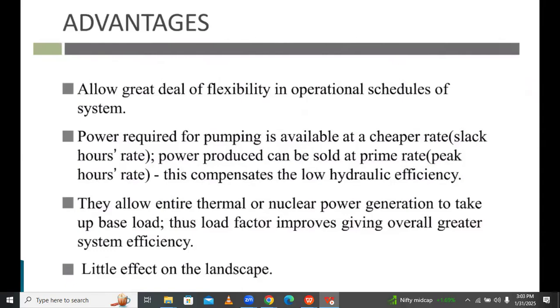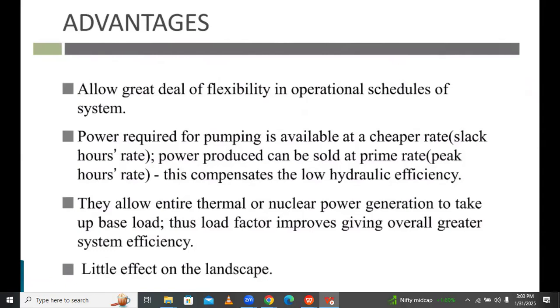This compensates for the low hydraulic efficiency. These are the advantages. Next, they allow entire thermal or nuclear power generation to take up the base load. By interconnecting this hydro power plant and thermal power plants, we can maintain the load on the system like a base load system.